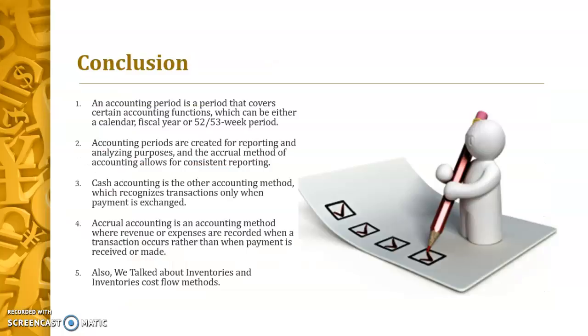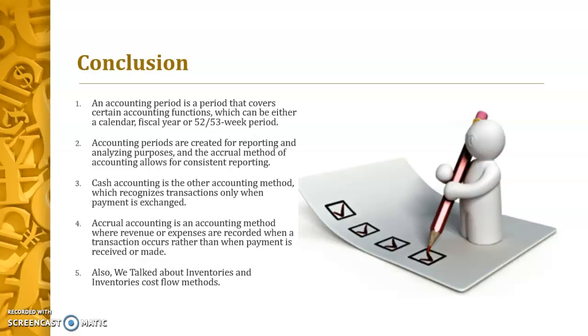In conclusion, we can say that today we talked about accounting periods, which have three types: calendar, fiscal year, and 52-53 week period. Accounting periods are created for reporting and analyzing purposes, and the accrual method of accounting allows for consistent reporting.